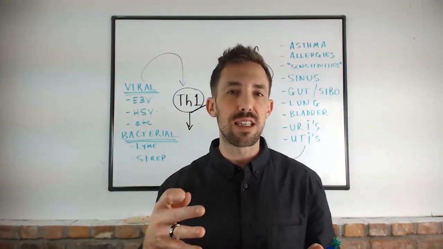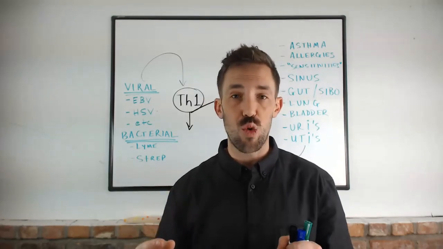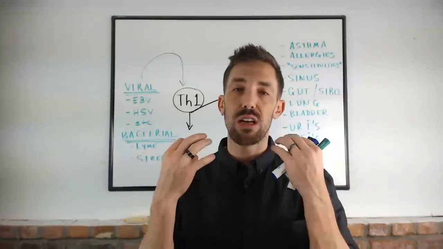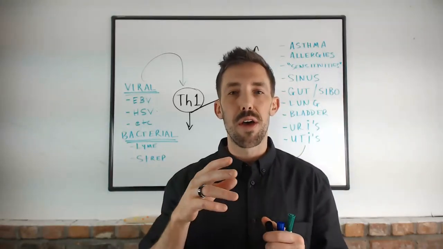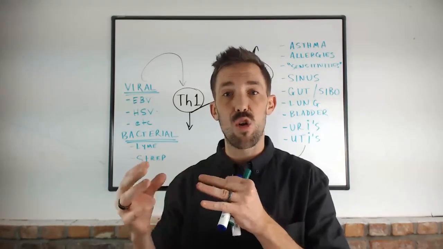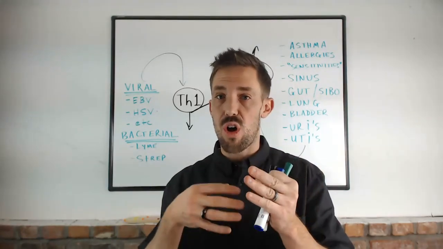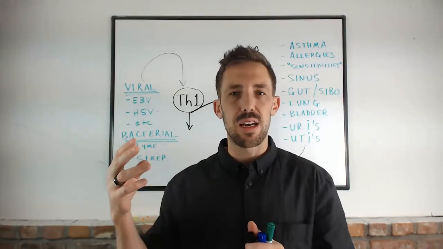So the yeast continues to grow in your gut or in your sinuses, drives more Th2 inflammation. Th2 is a self-reinforcing loop, meaning that the more cells become Th2, the more they encourage other T cells to also become Th2, and it just keeps going and going and going.